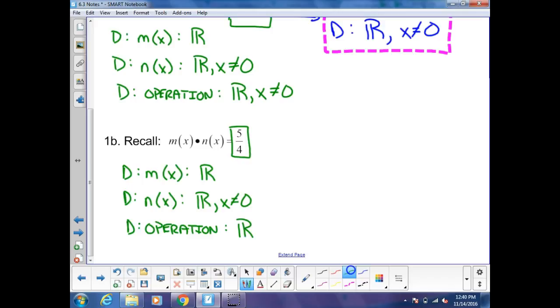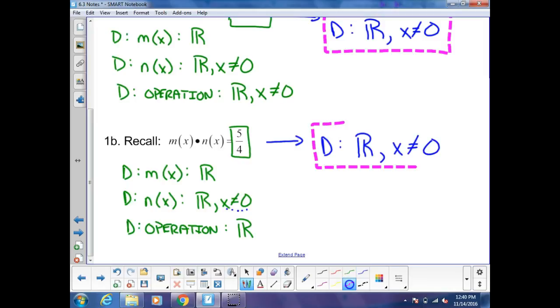Okay? So the domain of my operation now then becomes all real numbers, except I've got this restriction here hanging out from n yet. So that restriction has to come into play.